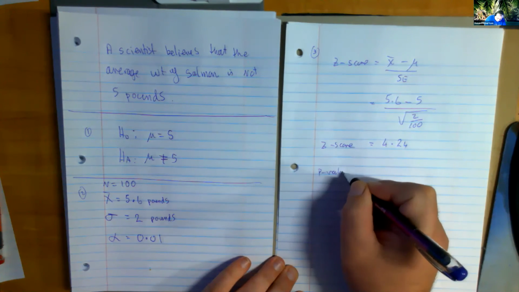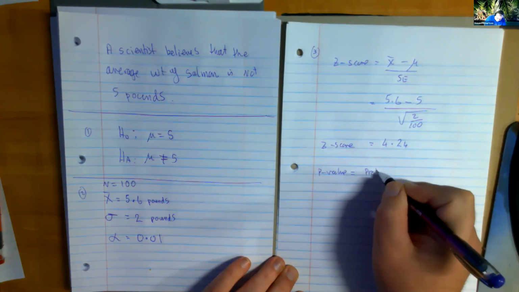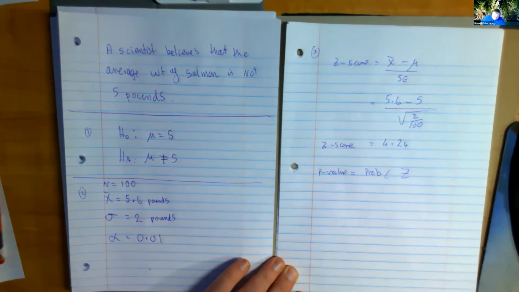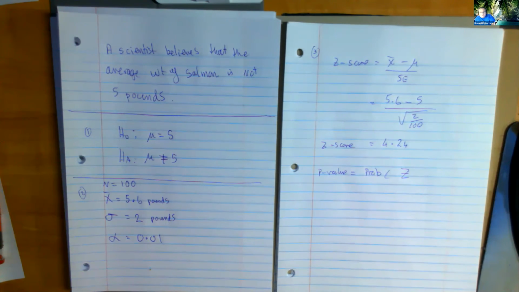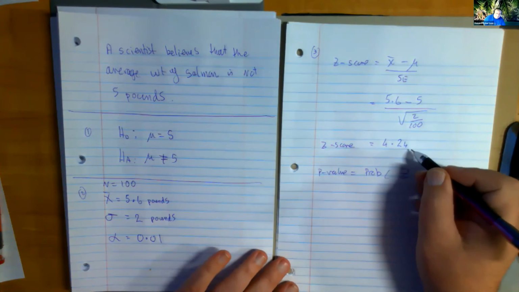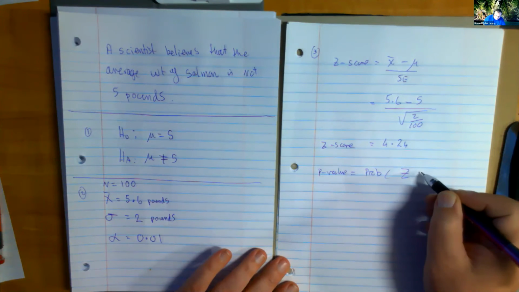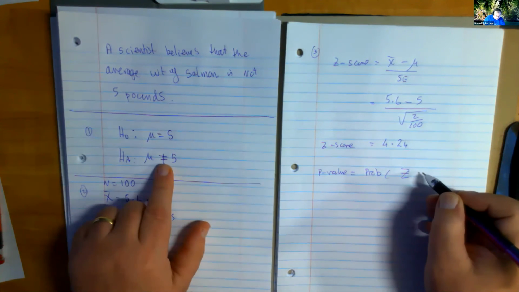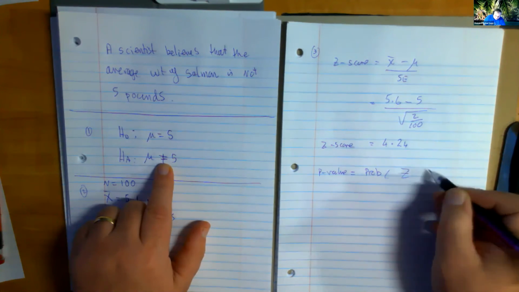In this case, the p-value is going to be the probability that I get a z-score bigger than 4.24 or less than 4.24. It has to be one, it can't be both. Can you choose on this one? Well, I know this says not equal to, and that doesn't really help me here.